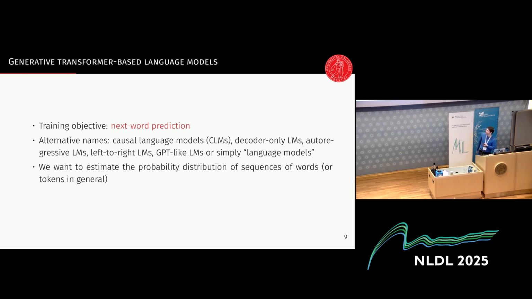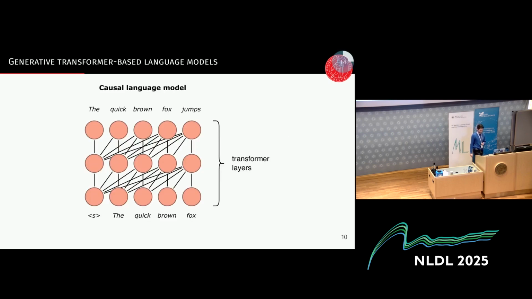These models have many different names. Sometimes they are called causal language models, decoder-only language models, autoregressive language models, left-to-right language models, GPT-like language models, or just simply language models, because this has become synonymous with generative language models nowadays. And the goal is to estimate the probability distribution of sequences of words.